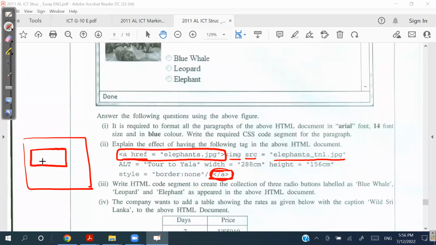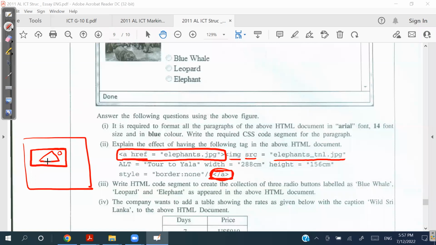It is a small piece of image which is acting as a link. That means once you move your mouse pointer onto the picture, it says you can click on this.